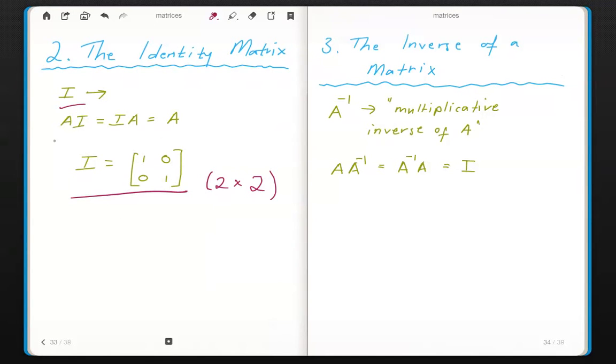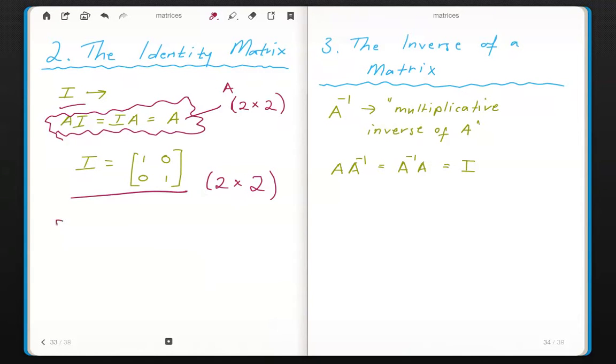But this part here is really important. Any matrix times the corresponding identity matrix. So we're saying that A is also a 2 by 2 matrix. If you have any 2 by 2 matrix and you multiply that by the 2 by 2 identity matrix, you end up with the same matrix.